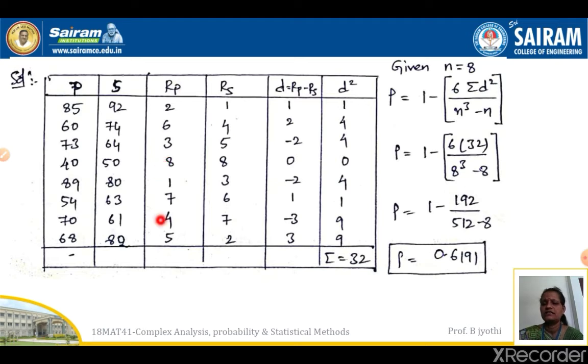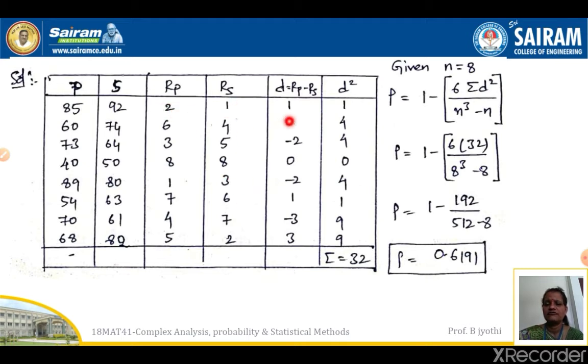So totally 8 are there, so 8 ranks have been given. Similarly, when it comes to SSLC, the highest marks obtained is 92, so rank 1 has been given. Next is 80, so rank 2 is given, and so on. So we have the rank in the PUC and the rank in the SSLC.